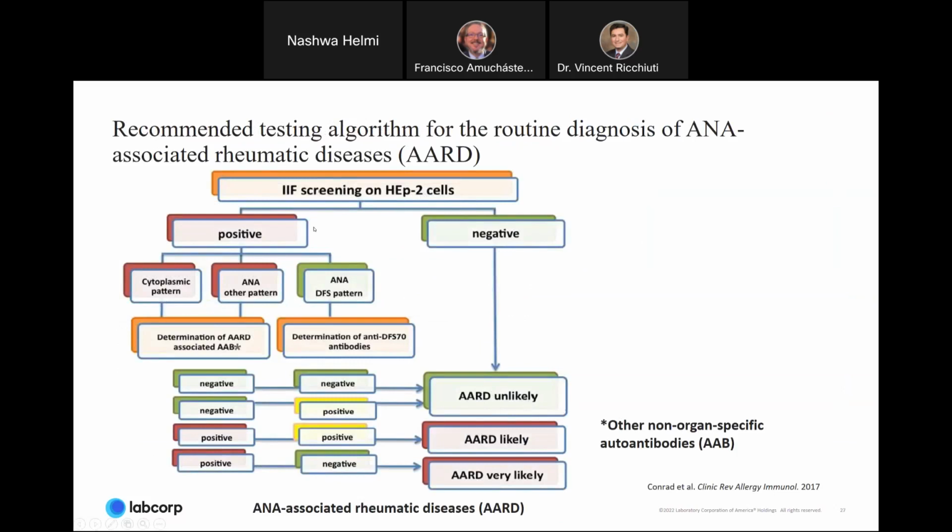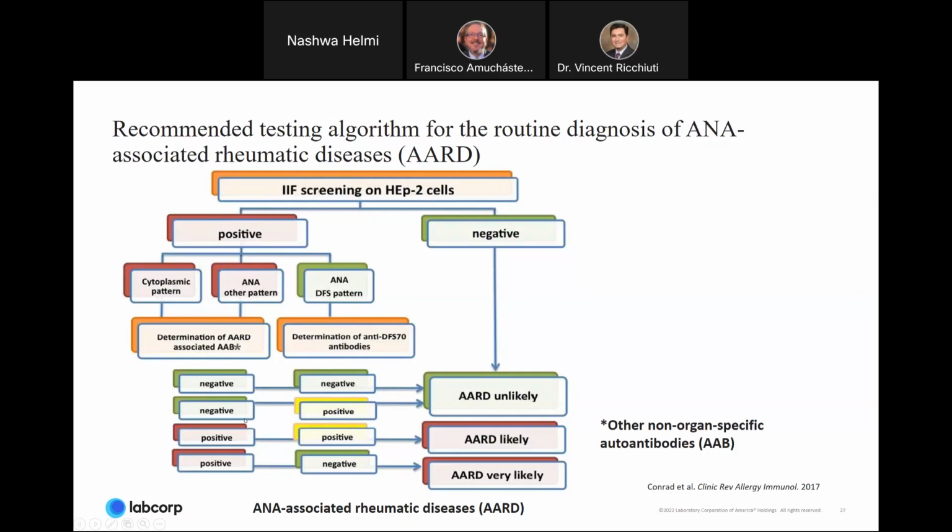If the patient is positive, as you can see on the left side of the slide, they look at the individual autoantibodies, in the cytoplasmic, in other ANA patterns, or even anti-DFS70 antibodies, and they will conclude if the disease is unlikely, likely, or very likely. So if the patient has no autoantibody against other antigens or DFS70, it will be unlikely.